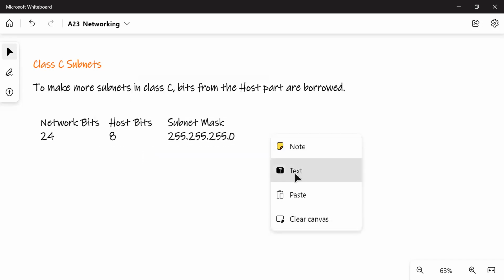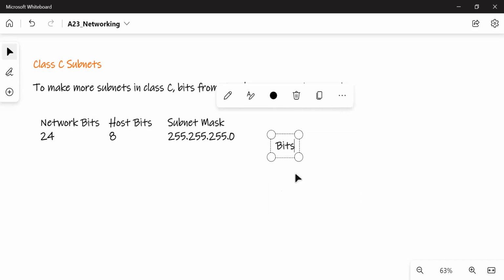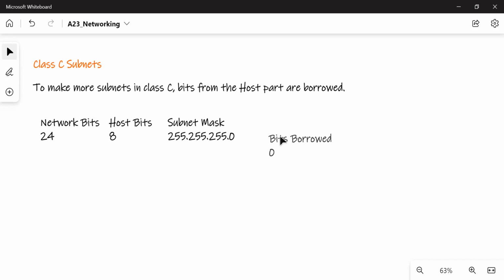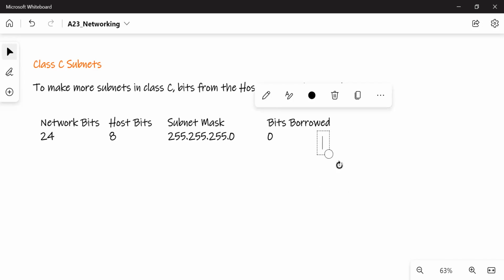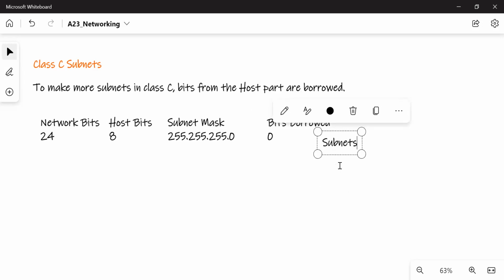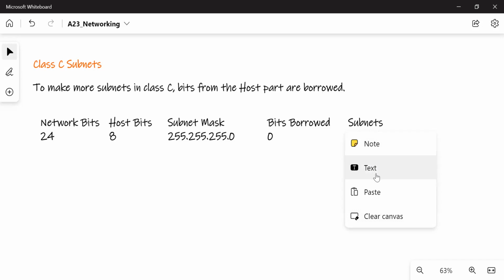And the number of bits borrowed in the beginning will be 0. So that you already know. And then the number of subnets will be initially 1, because we have 2 to the power 0, we have not borrowed any. So that is the starting value. And finally, hosts per subnet.